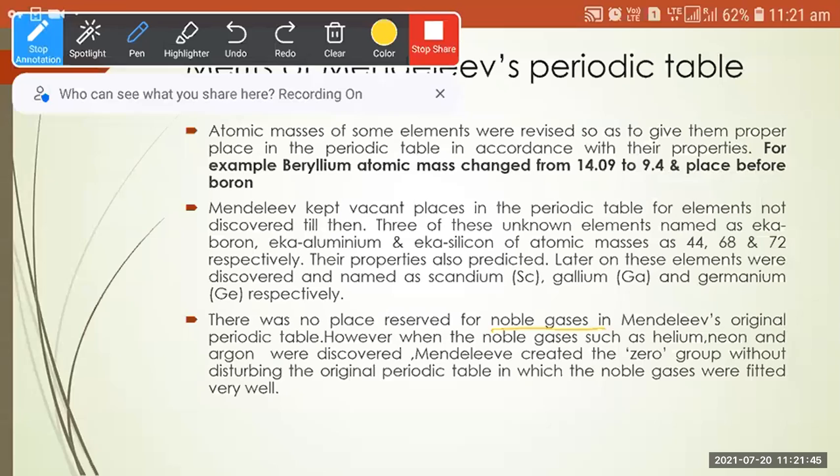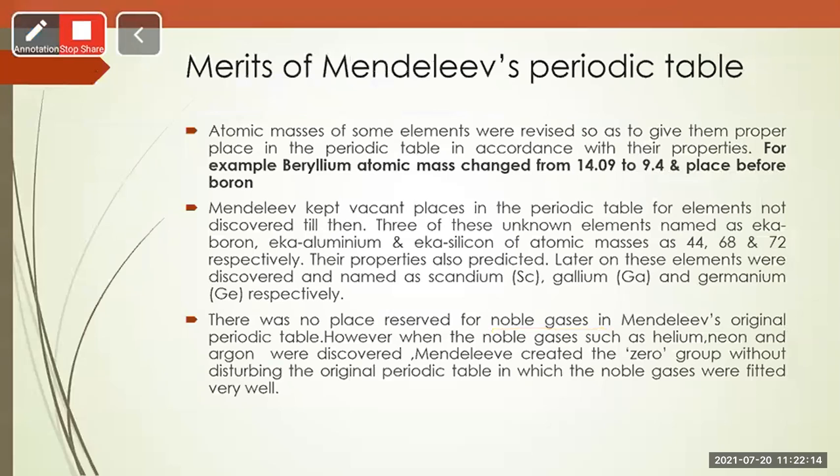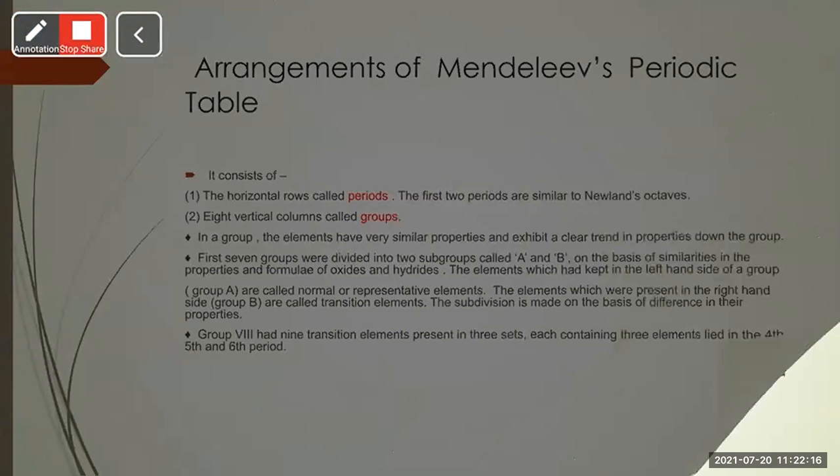Got it? This also is a very good thing he did. At that time, noble gases were not discovered, and there was no place reserved for them in Mendeleev's original periodic table. But what was done when noble gases were discovered? Mendeleev created a separate group for the noble gases.